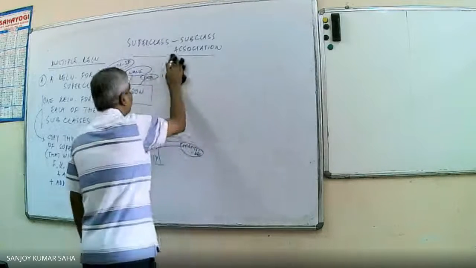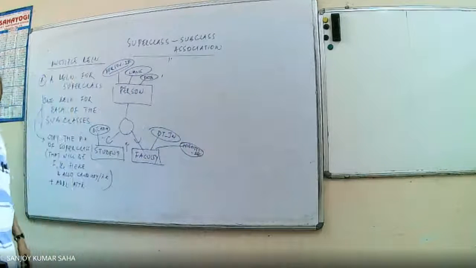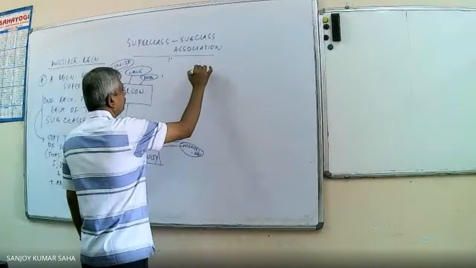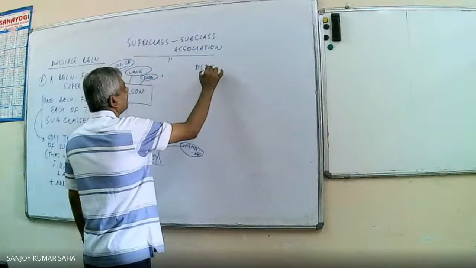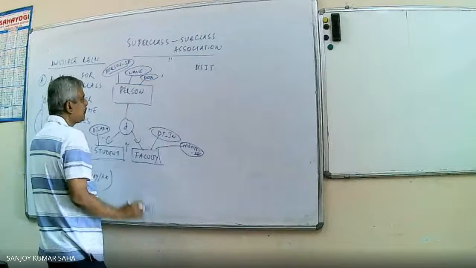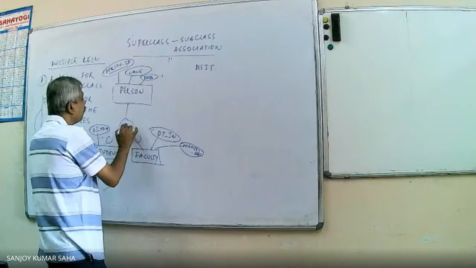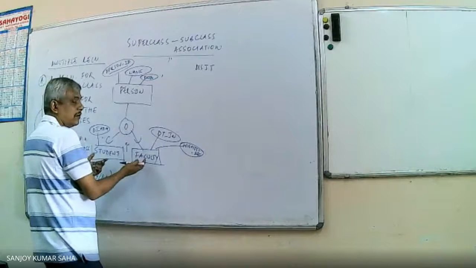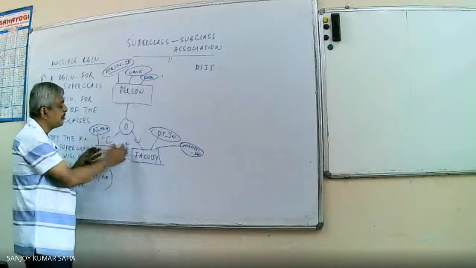Now see, if we go for a design, depending on the constraint, how good or bad it is. If it is so that this is disjoint, or say this is overlap, person may be student, may be faculty, that is both. A person may be both.